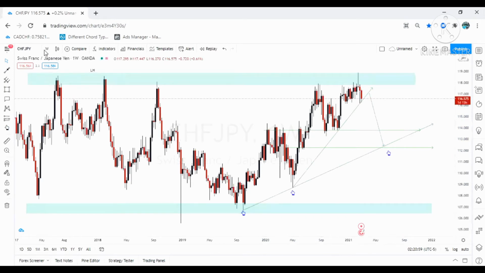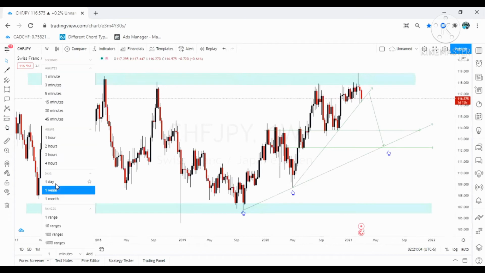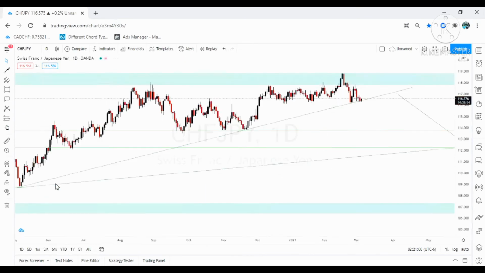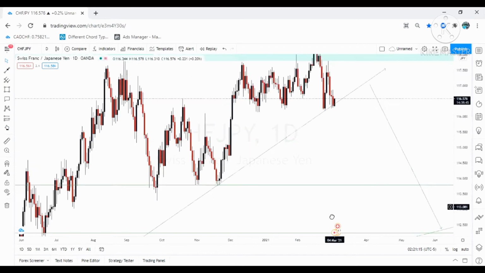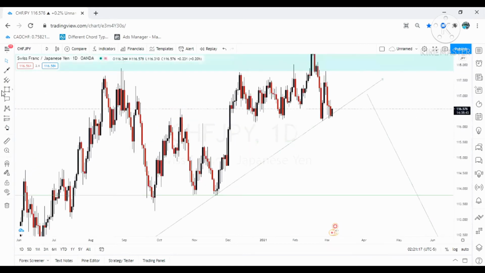So let's say you are waiting for the sell. Now we're looking for an entry on a lower time frame. For us to get an entry on this pair, we first have to break this level, or break the structure over here.